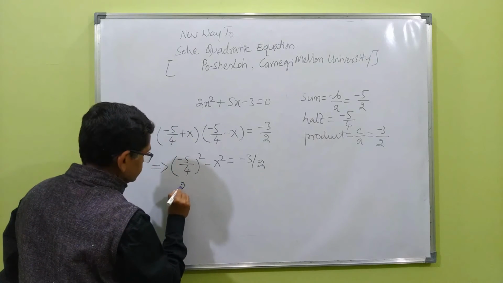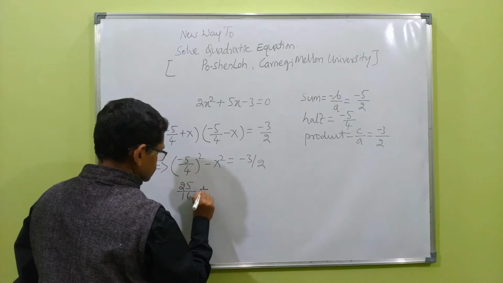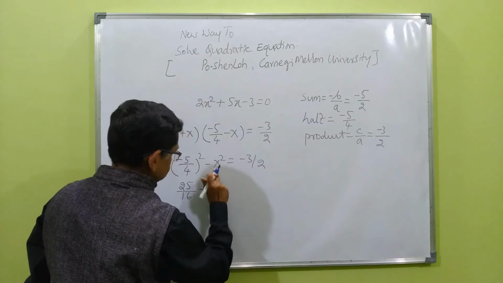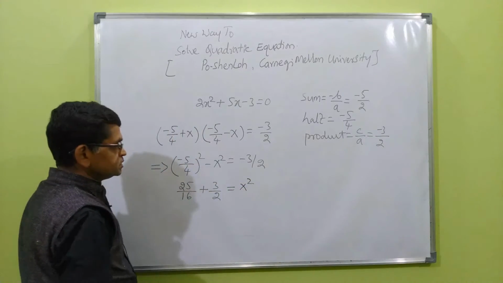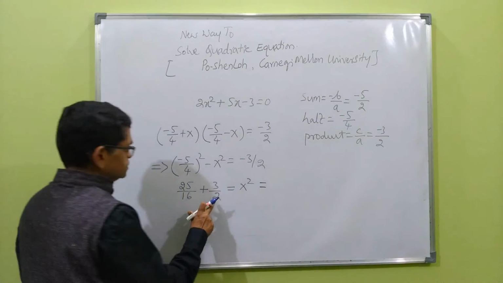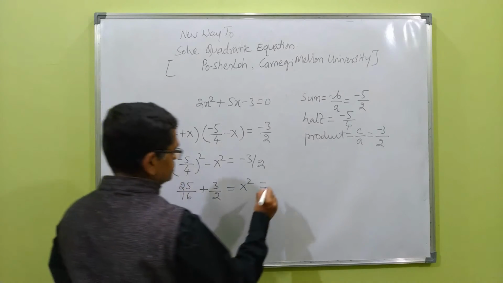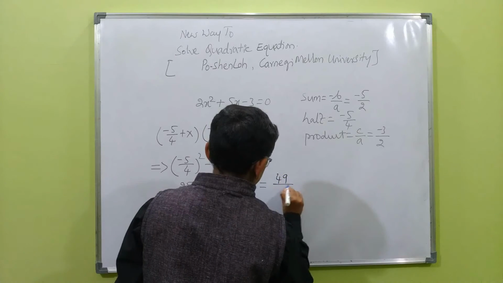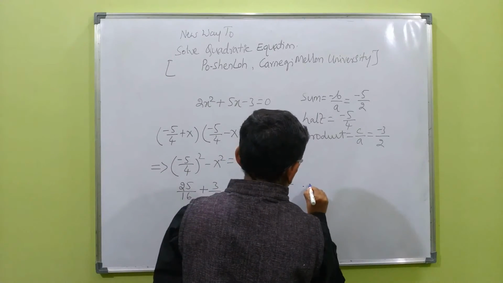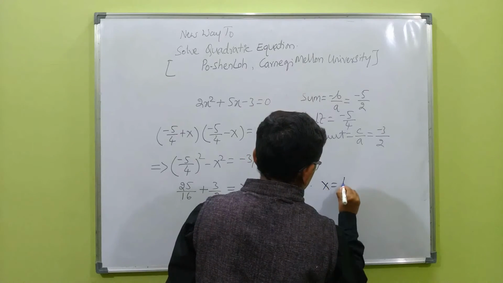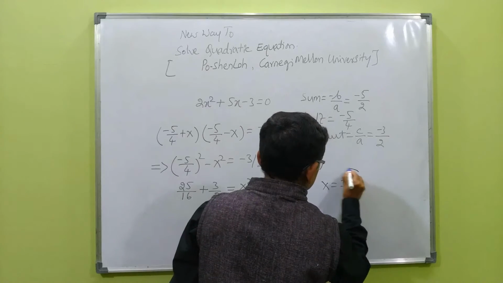That is 25 by 16. If you bring this side plus 3 by 2, and that x square goes to the other side. So this is equal to, this is 16 means 24, 49 by 16 it is. Therefore x is equal to plus or minus 7 by 4, isn't it?